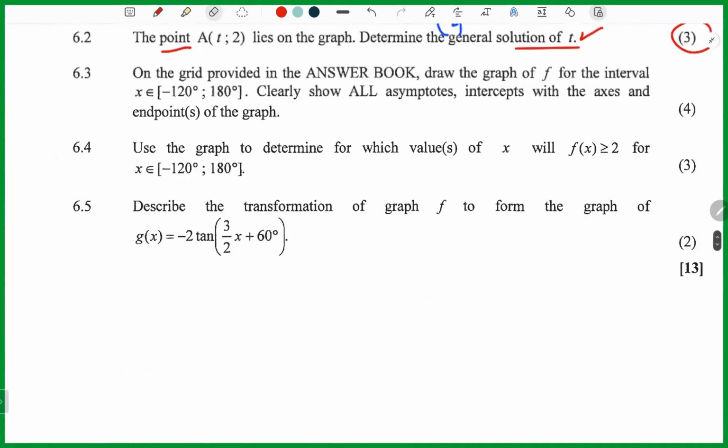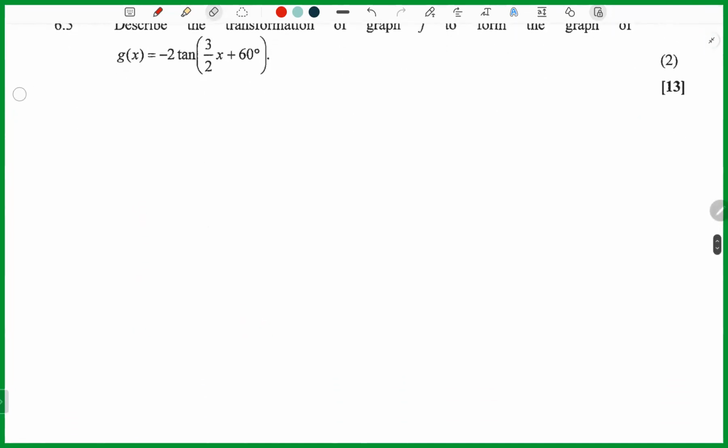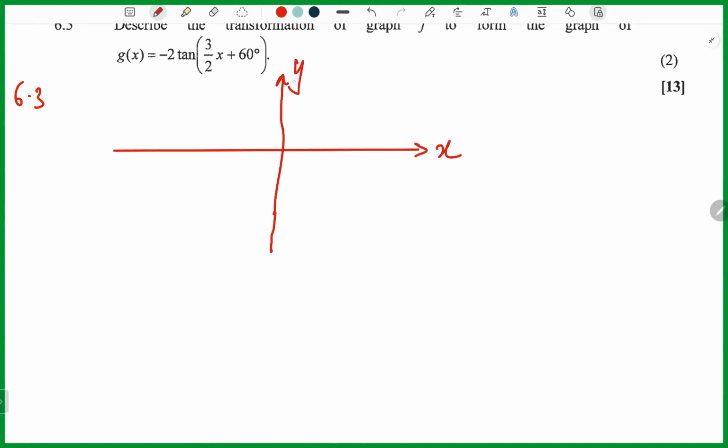Now to draw that graph in 6.3. Okay, so we're looking at 6.3 now. To do that graph, let me draw a big one to make sure it's very visible.